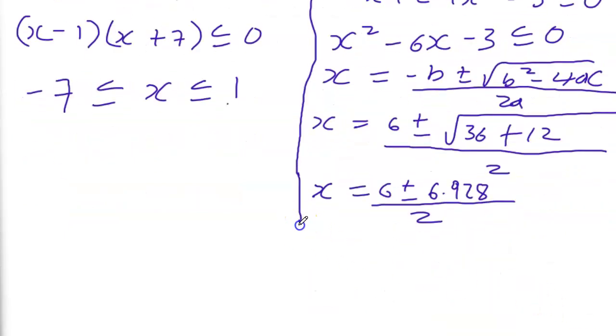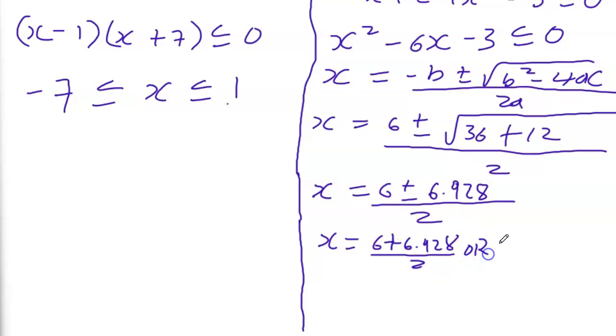So let's extend this. So x would be equal to, well, the critical values on this. So critical values, 6 plus 6.928 upon 2, or 6 minus 6.928 upon 2.